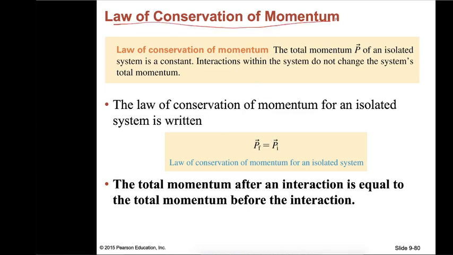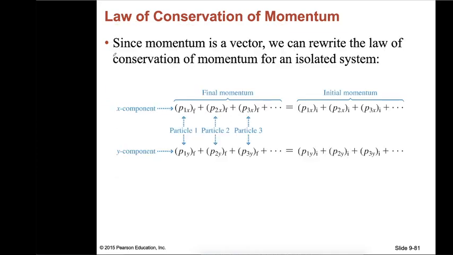That's the law of conservation of momentum. Remember that the condition for the law of conservation of momentum is that the system is an isolated system, or there's no external force, or the external force is zero. Okay, and momentum is a vector, so we can write the same equation in x component and y component.